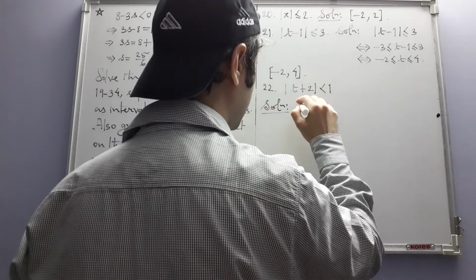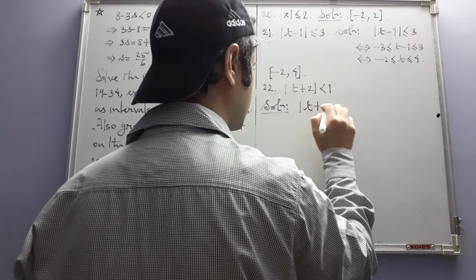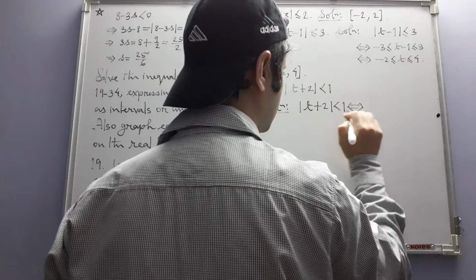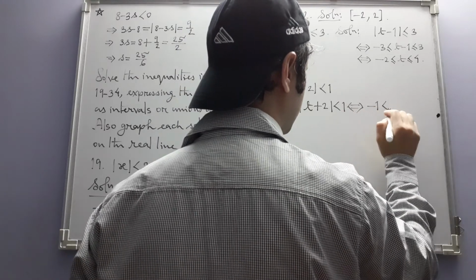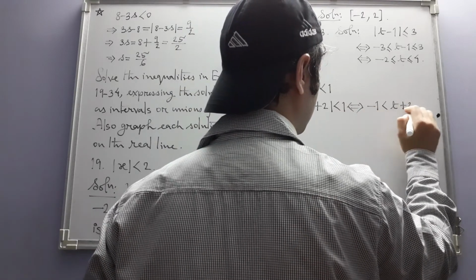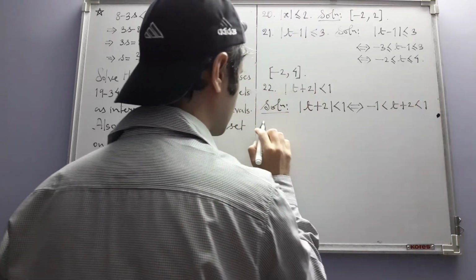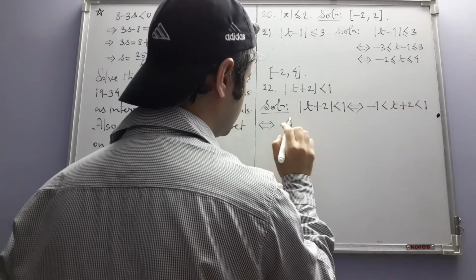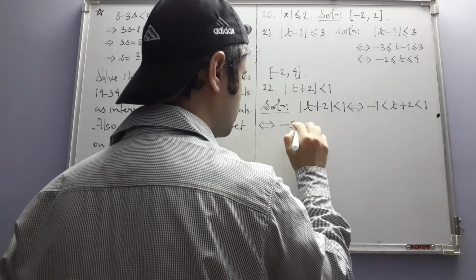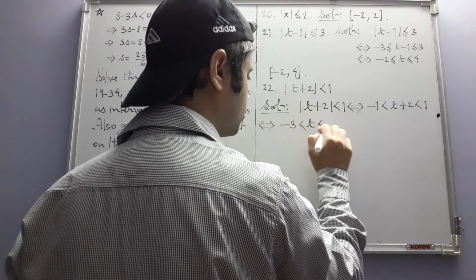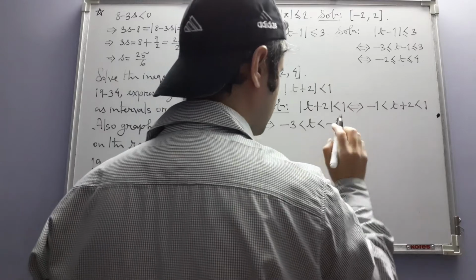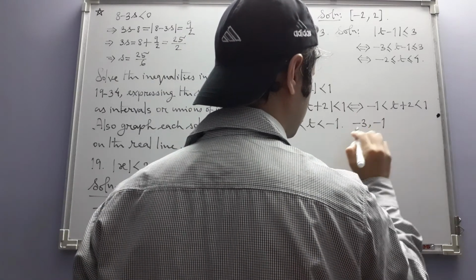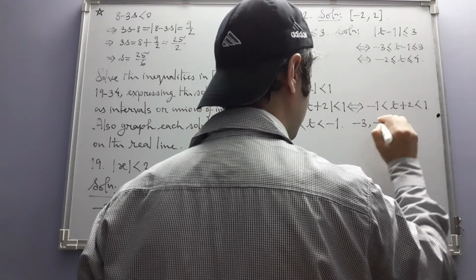Okay, in this case, this will be equivalent to these inequalities, which in turn are equivalent to, if you subtract 2 from all the terms, you will have this. So for this one, the solution set is this open interval.